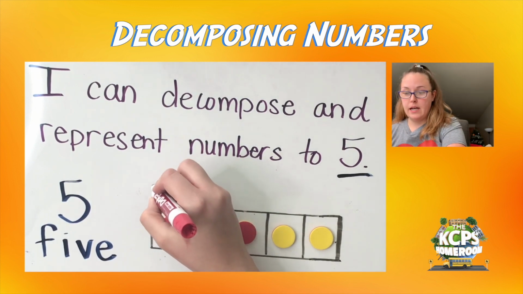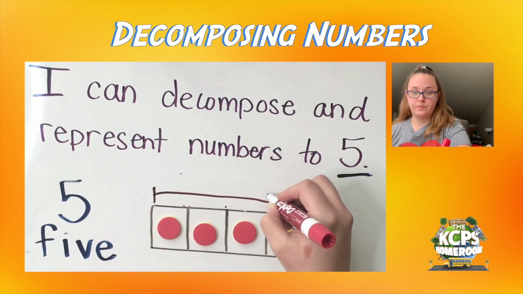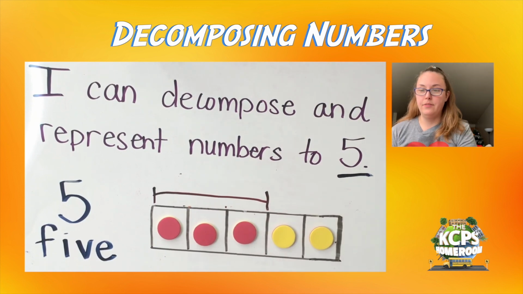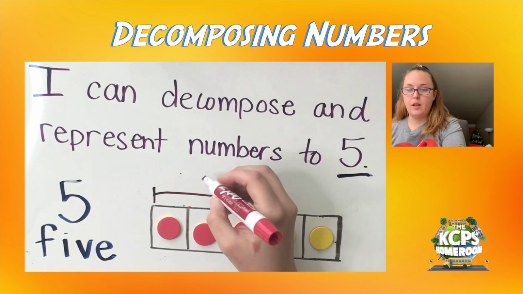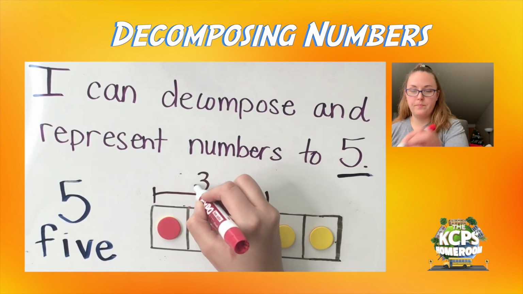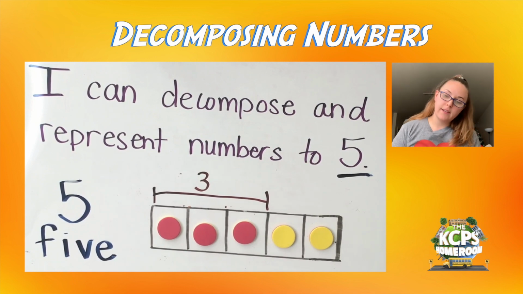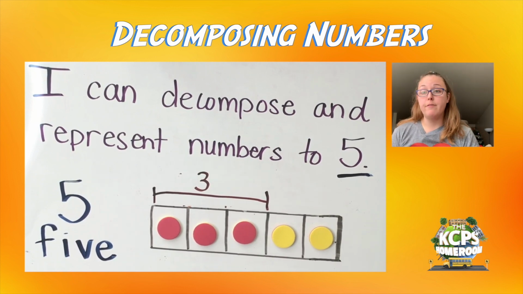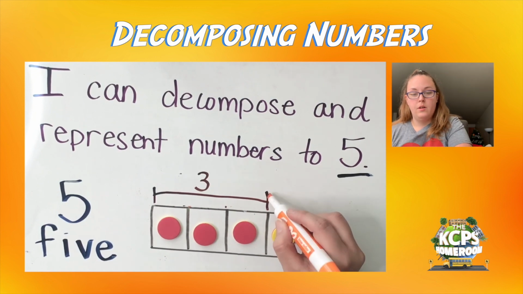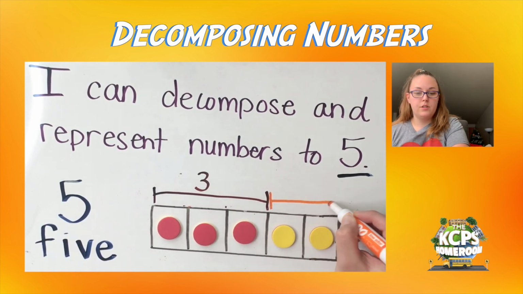How many red counters do you see here? Let's count them. 1, 2, 3. 3 red counters. I'm going to write the number 3 on top. And on the right side of the 5 frame here, how many yellow counters do I have? Well, let's look. 1, 2.